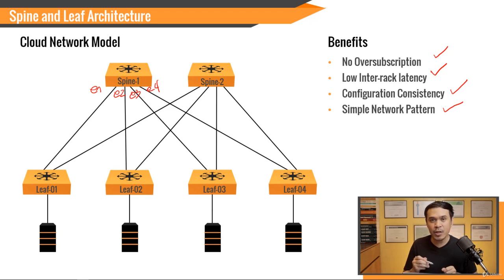This interface numbering connecting to our leaves, we can use the same pattern not just for spine 2, but also for all other spines if you're planning to add one.